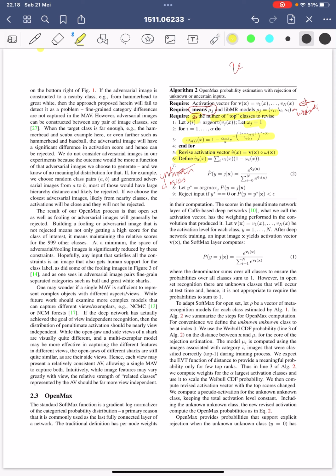Then we take all these factors plus the extra one, put them into the softmax layer, and sort from highest to lowest. If the softmax output index is 0, we can say that this sample is from an unseen class, or let's say the output probability is less than epsilon, which is a threshold to reject unseen classes.